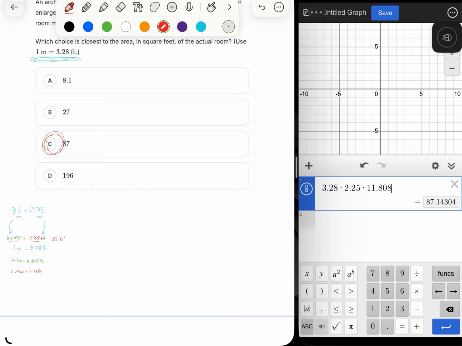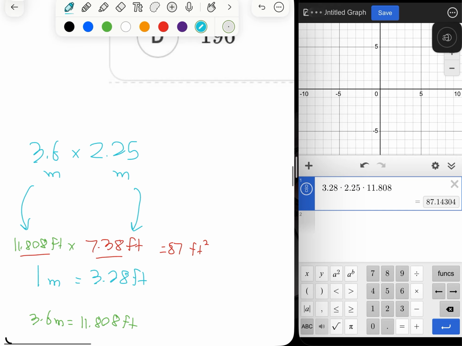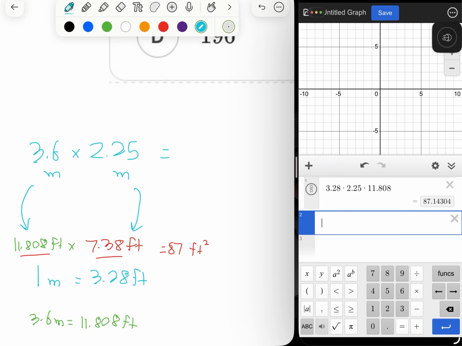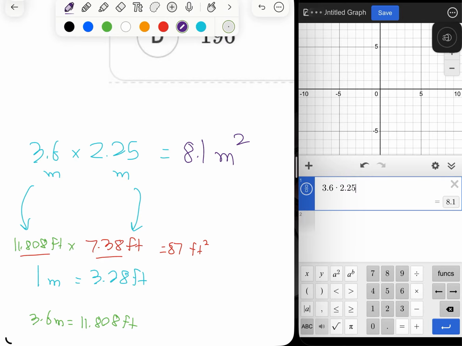The other way you could do this is start from this given. So you're given 3.6 times 2.25. That gives you 8.1, and the unit here, because you're doing meters times meters, is meters squared. 8.1 meters squared.